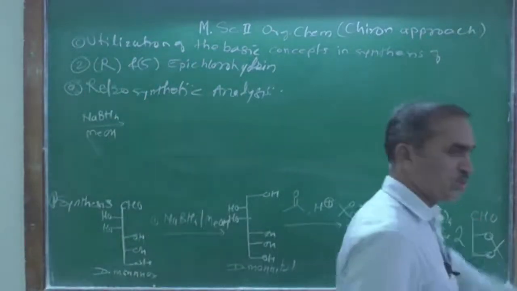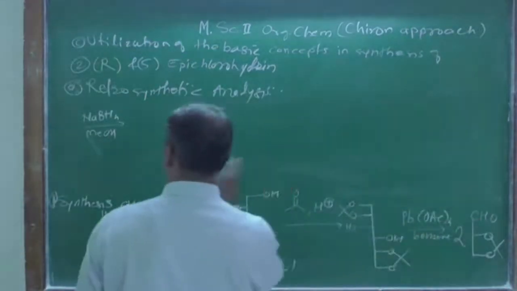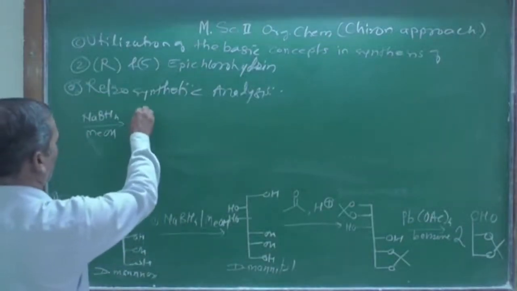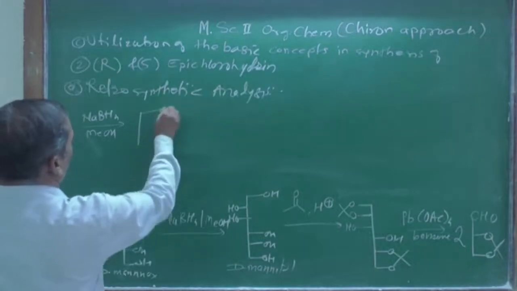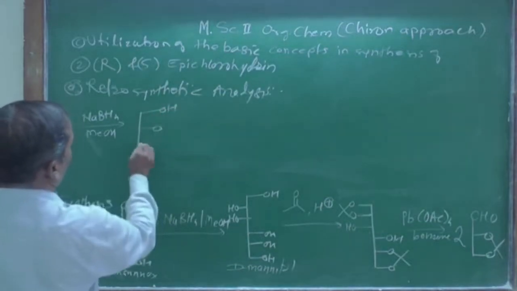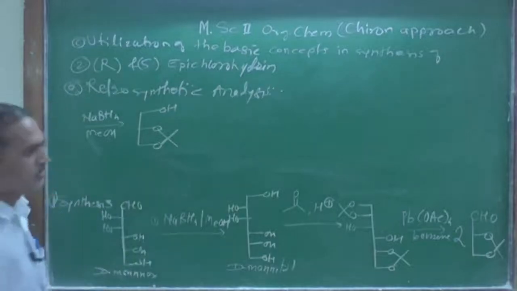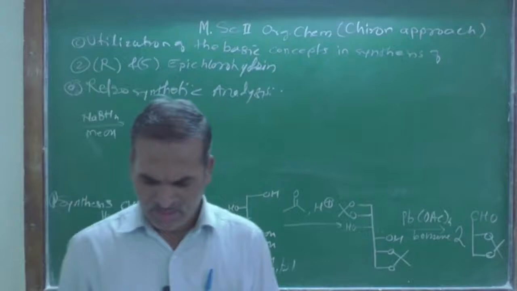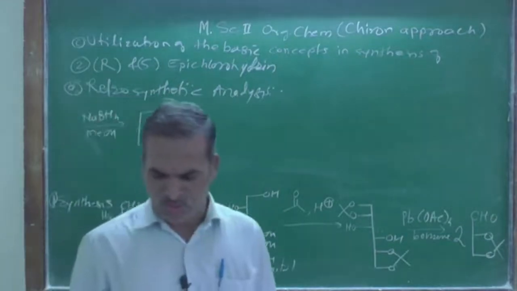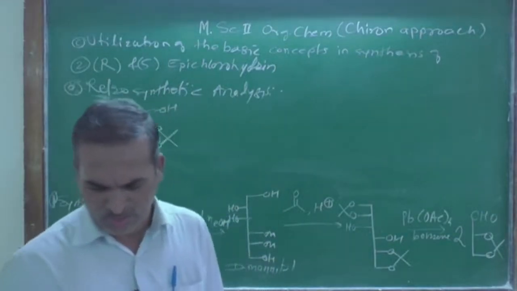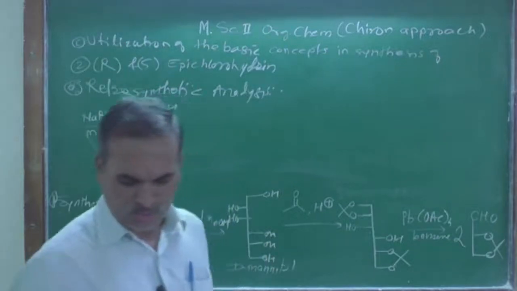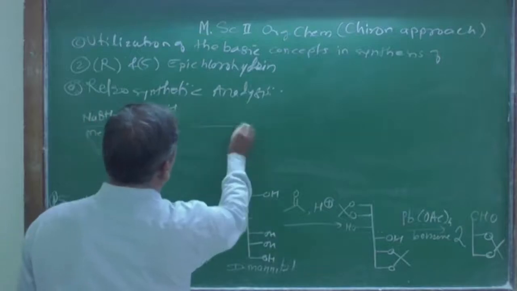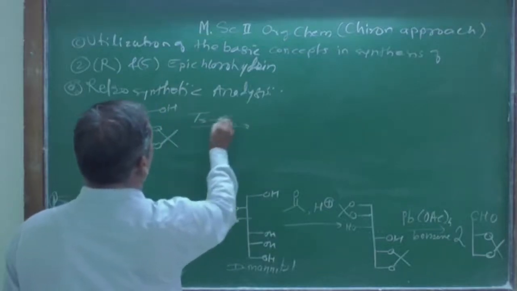It will reduce the aldehyde group, and we are going to get specifically OH over here, while this protected 1,2-diol remains as it is, right? And after that, we are going to protect this one, then use tosyl chloride, TsCl.